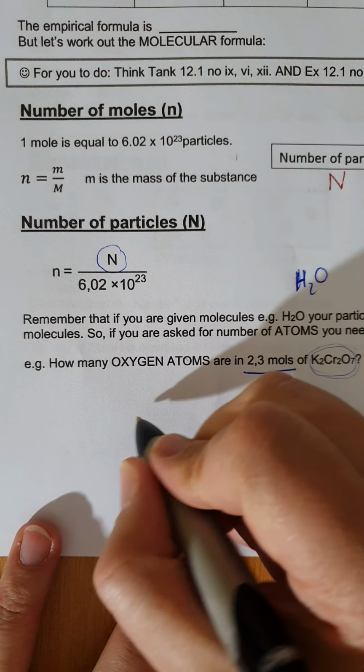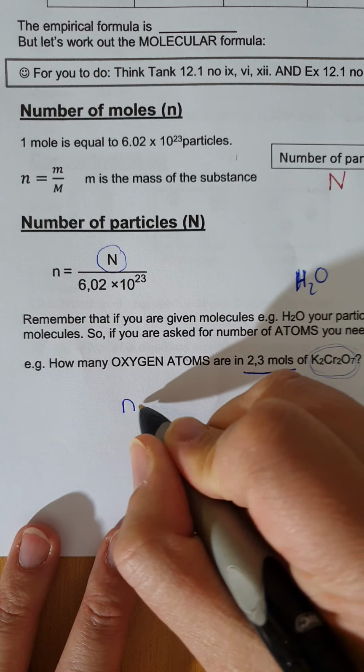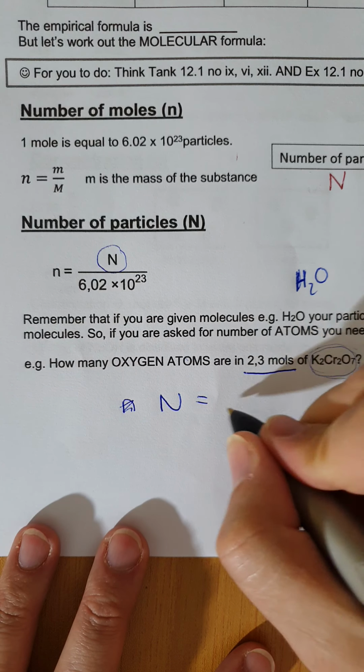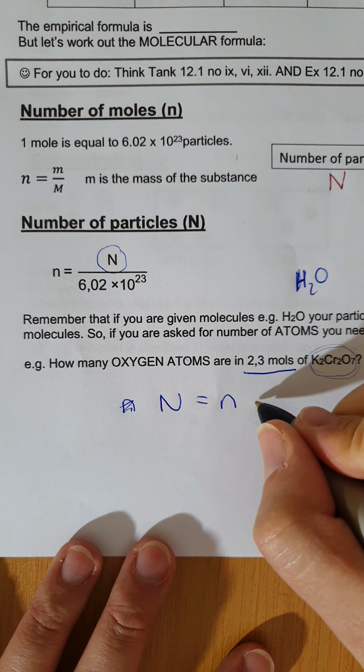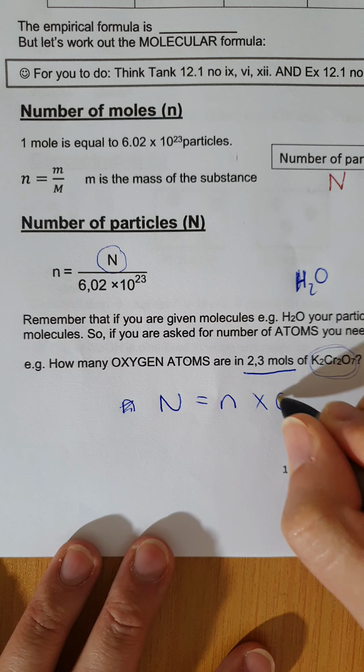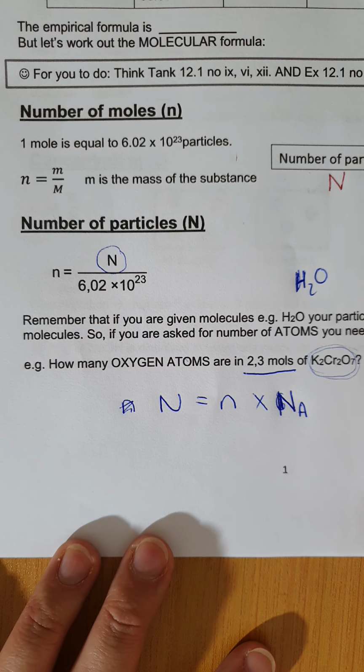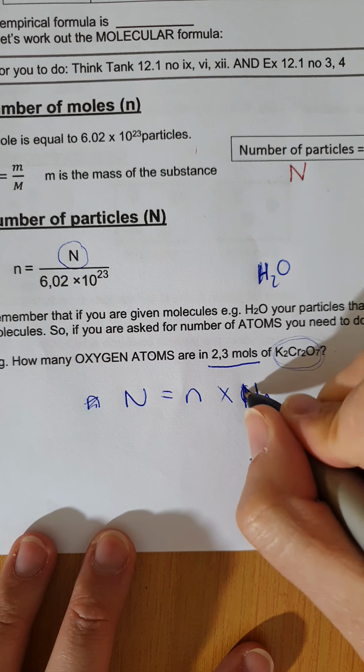So let me go through this. N is equal to the number of moles times Avogadro's number. Actually, Avogadro's number does have a symbol as well, if you remember. It's capital N with a capital A as a subscript.